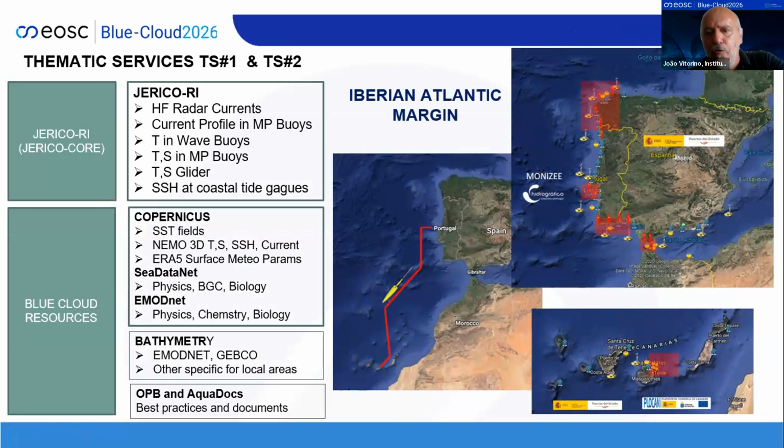Thematic services 1 and 2 will put together the data collected by a large variety of systems that you see here, from HF radars, multiparametric buoys, wave buoys, coastal tide gauges, and gliders, and combine it with observations from remote sensing, results from models, and other information provided by different aggregators, from Copernicus, EMODnet, SeaDataNet, and so on.